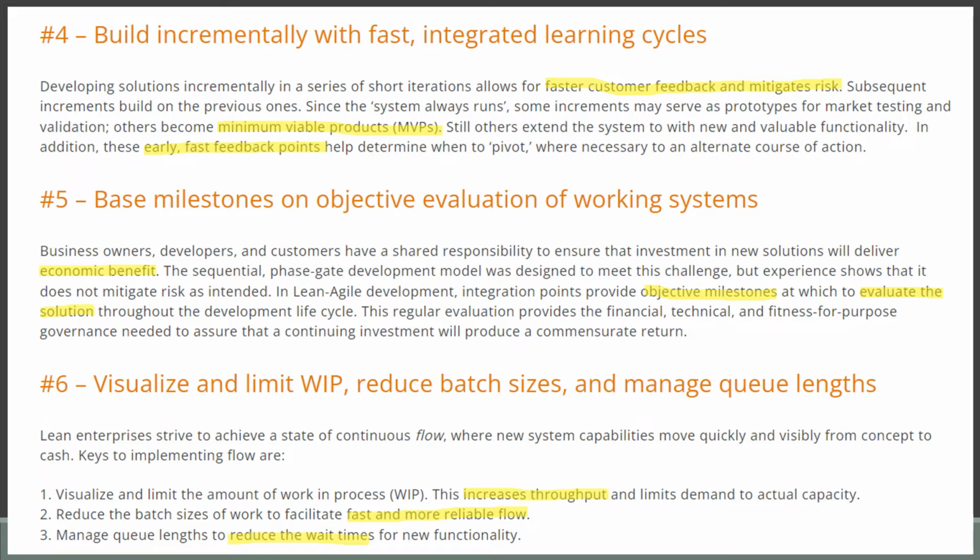WIP limit is a very important practice in Kanban. So WIP limits and visualizing will help you increase the throughput. Reducing the batch sizes will help you get a faster and more reliable flow. Managing the queue lengths will help you reduce the waiting time. So this sixth principle exactly talks about lean thinking and the Kanban way of working.